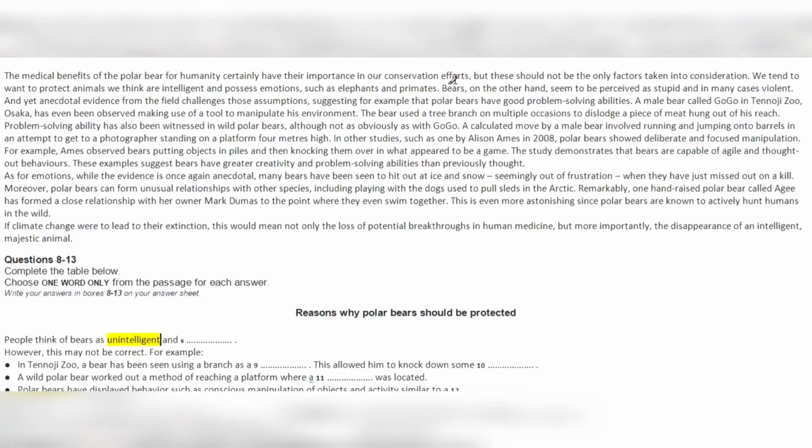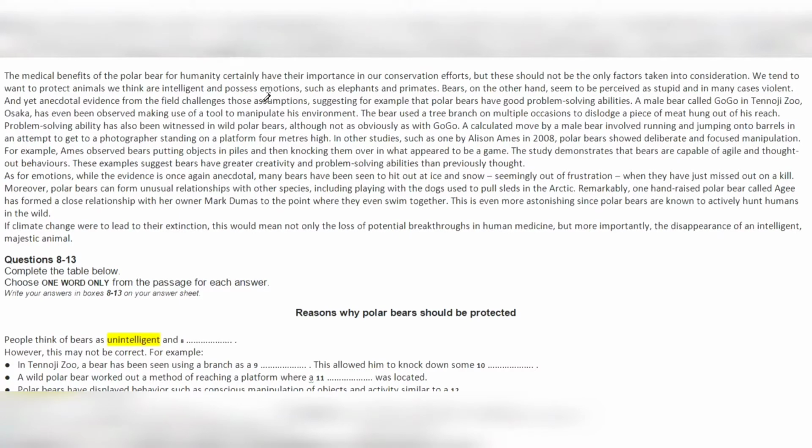So we use skimming and scanning techniques. The medical benefits of polar bears for humanities certainly have their importance, but are not a factor taken into consideration. We tend to want to protect animals we think are intelligent and possess emotion. Here we find the word intelligent, which is the antonym of unintelligent. So we cannot write that.